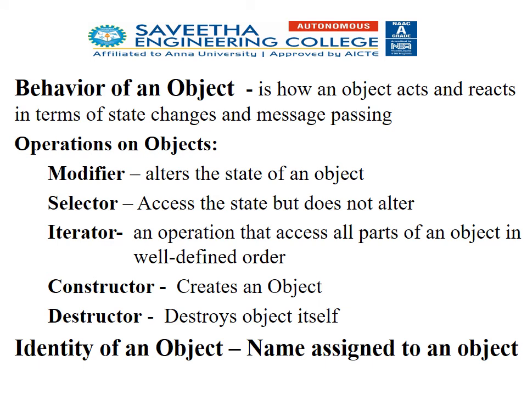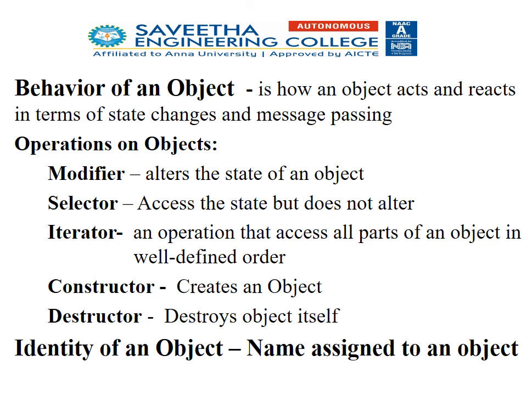Each object will have behavior and identity associated with it. Identity is nothing but the name of the object, whereas behavior defines the operations of an object. So what are the different operations we can perform? We can modify the value of an object. We can access the value of the object. With some iterator function, we can access the values of an object in a well-defined manner.